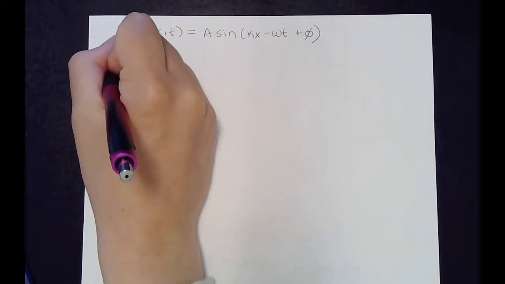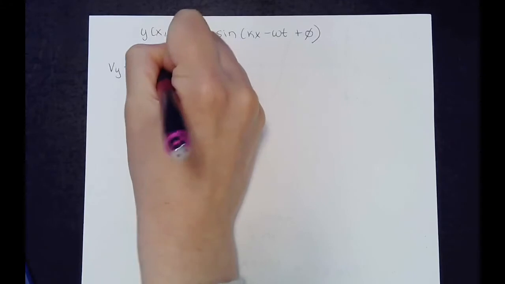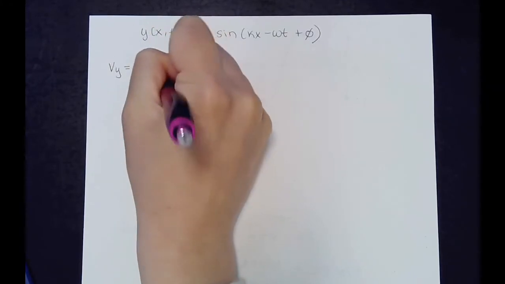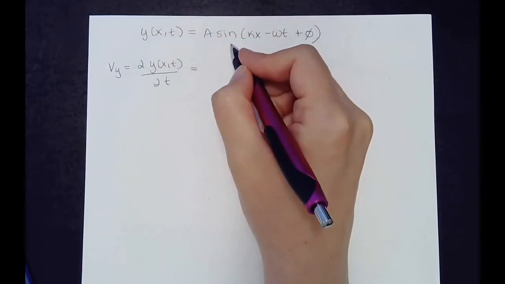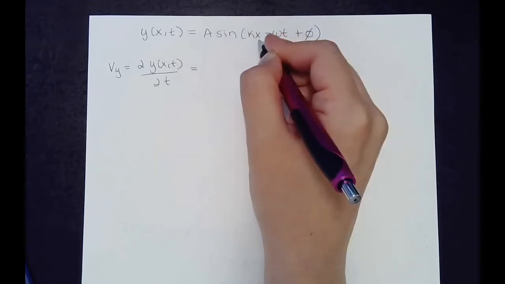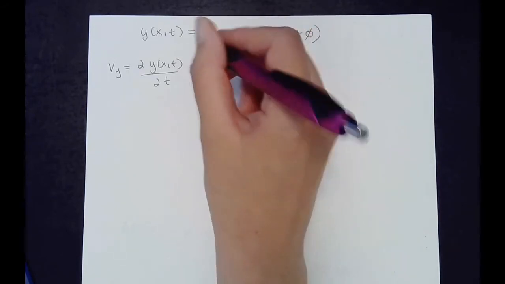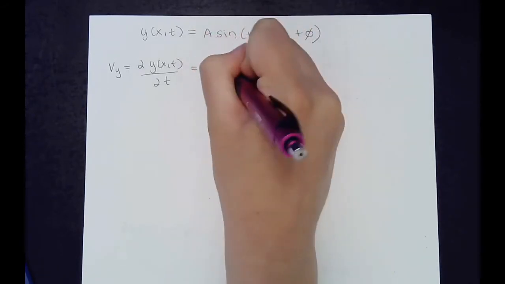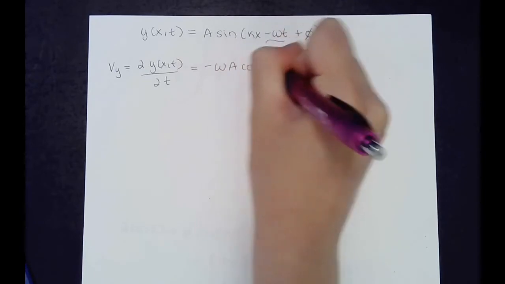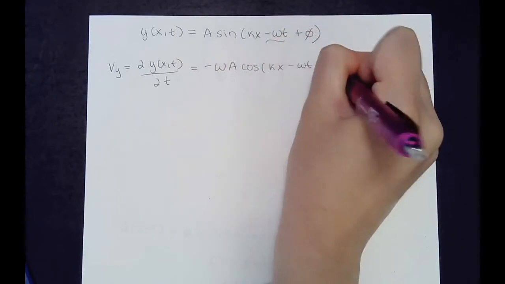Okay, so to find the velocity, we're going to take the partial derivative of y with respect to time. So the derivative of sine is cosine, and then I'll multiply, these are constants, so I'm only interested in this term here, the negative omega in front. So negative omega a cos kx minus omega t plus phi.